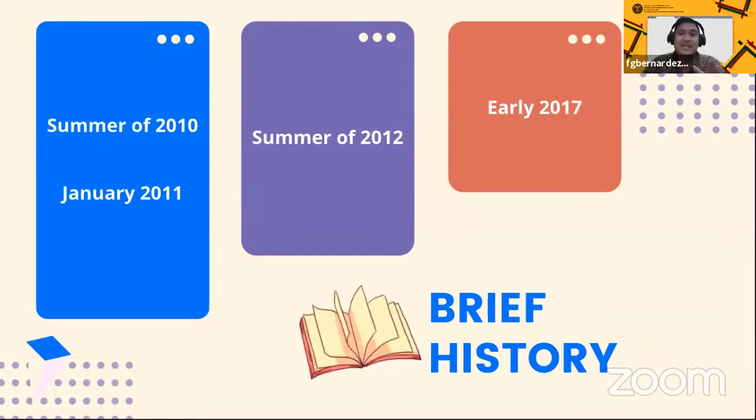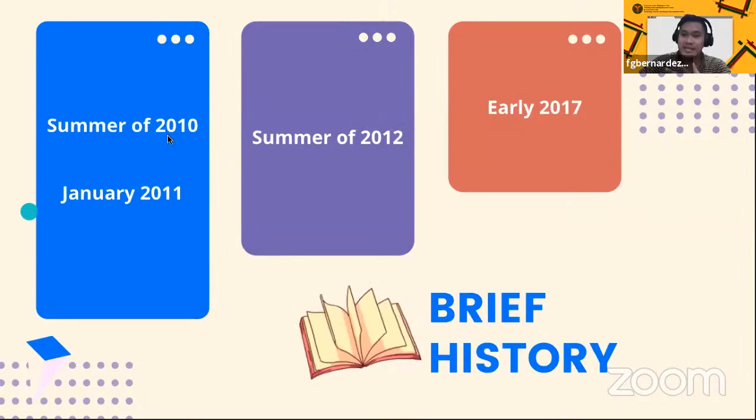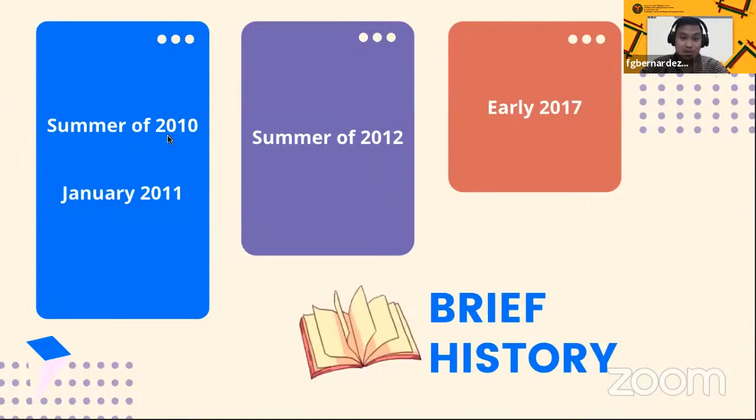Okay. First, let me share with you a brief history of Trello. Around summer of 2010, Fog Creek Software starts doing an internal exploration for potential products.